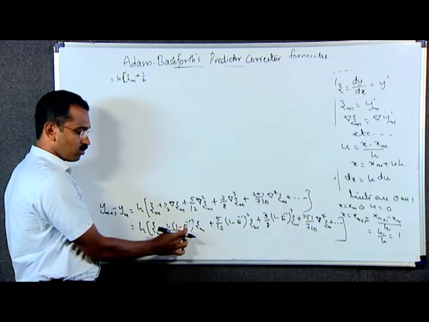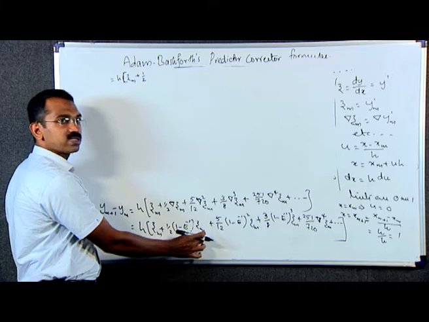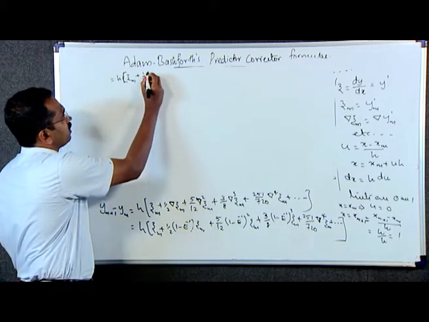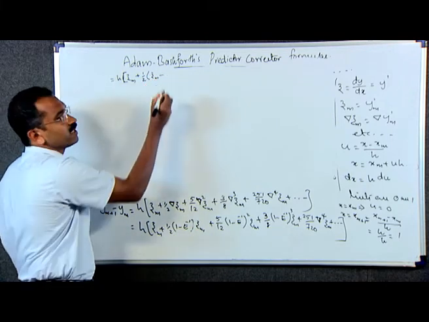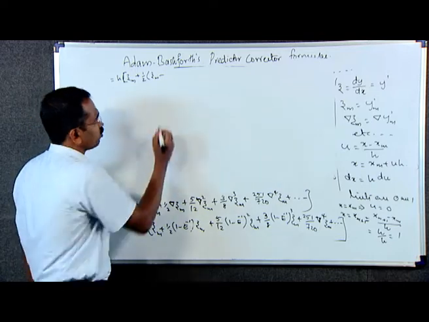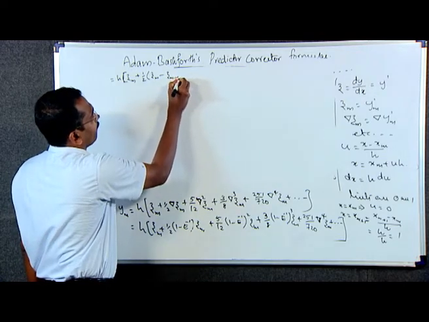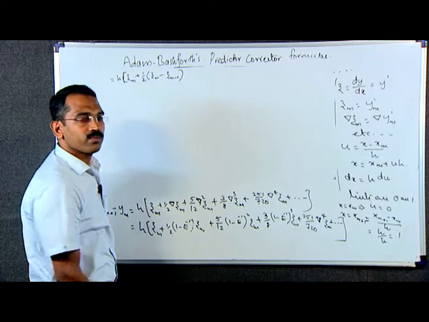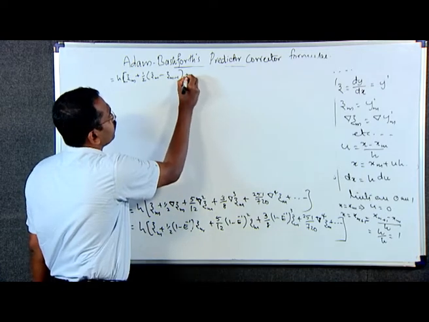Therefore, (1 minus E inverse) Z_m can be written as Z_{m-1}, plus 5/12 into.